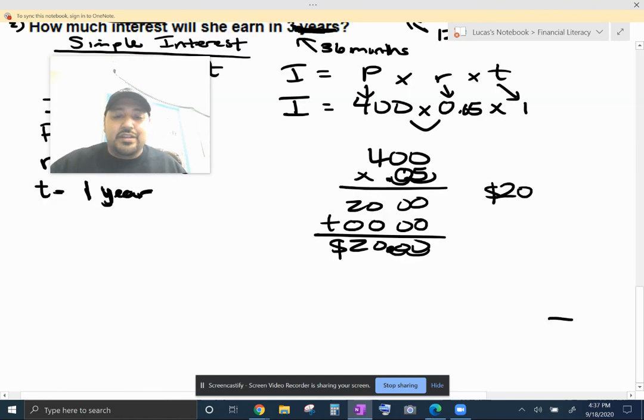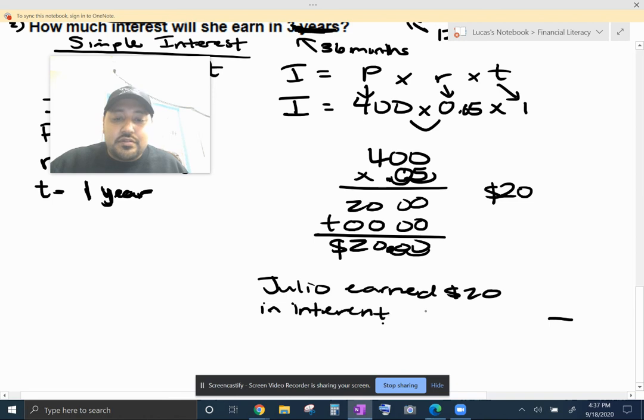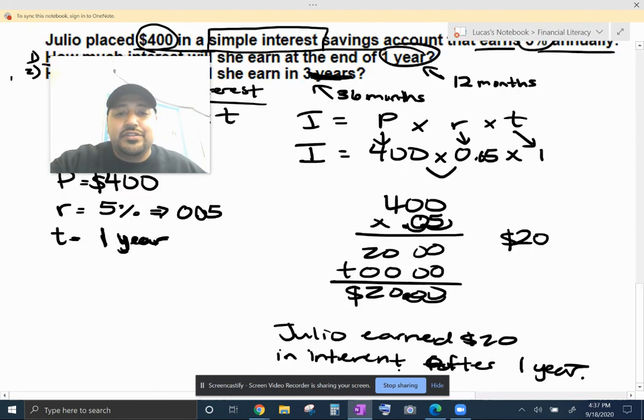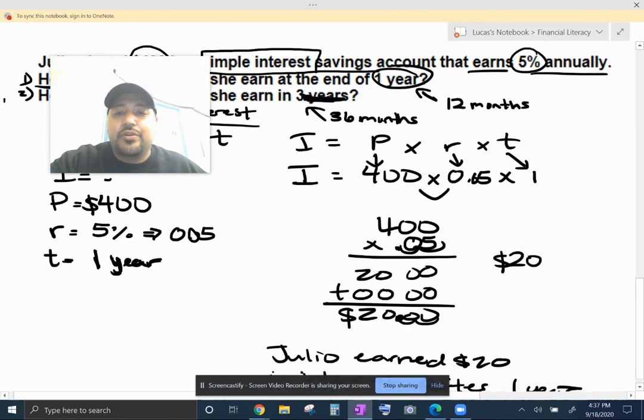So for my statement, it will be Julio earned $20 in interest after 1 year. And that is how you perform a simple interest calculation.